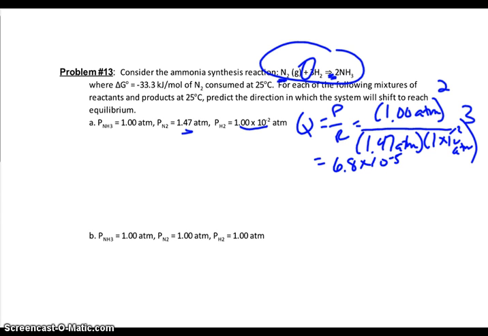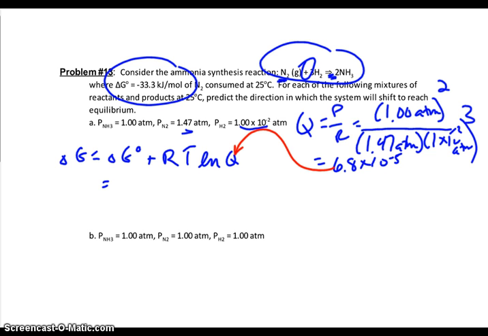So now we need to plug that into our equation where delta G is equal to delta G naught plus RT ln of Q. Well, we just solved for Q, didn't we? So we can take this number and plug it in there. What else do I know? I have delta G naught, which is negative 33.3 kilojoules.